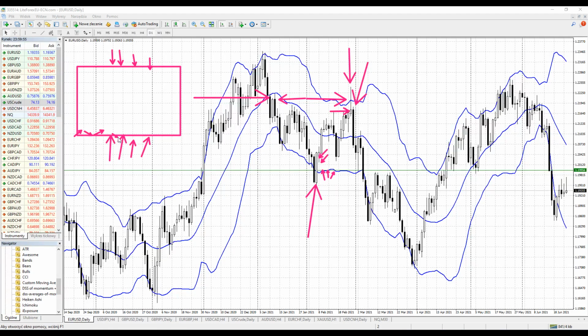I want to see the flat of that band, top band flat, all right? Some suggestion that we might see a little bit of range trading. With trending, I'm taking advantage of the midline. With range trading, I'm trading the top and bottom of the band.